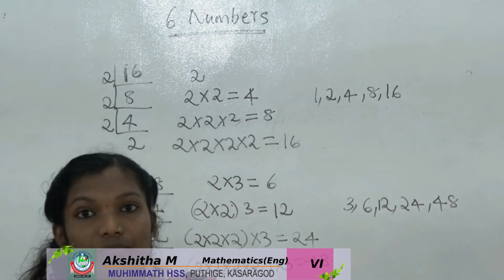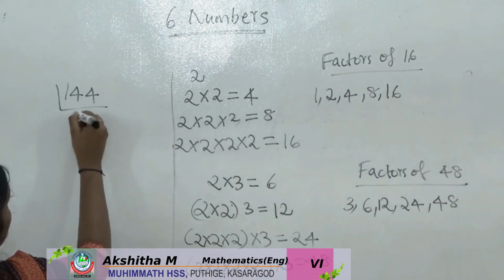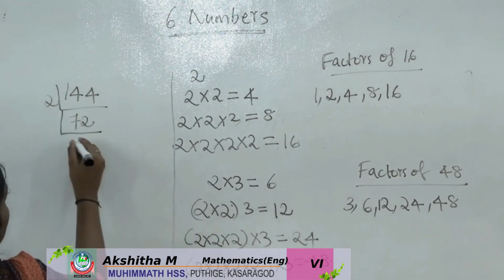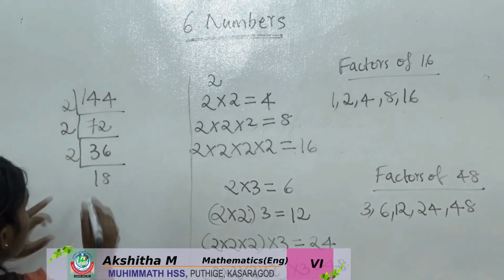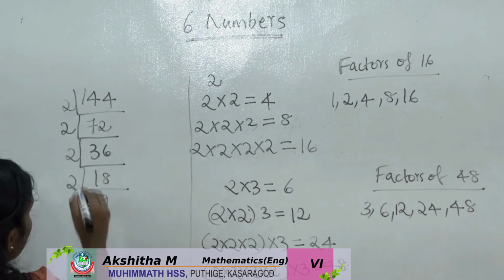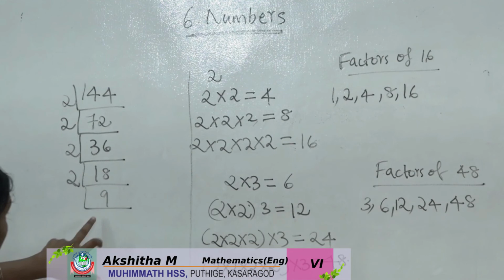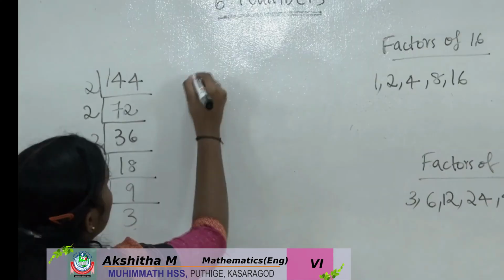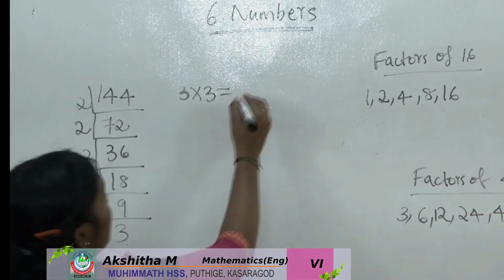What are the factors of 144? 72, 2 times 144; 36, 2 times 72; 18, 2 times 36; 9, 2 times 18. 3 threes are 9, so we can write 3 into 3 is 9.